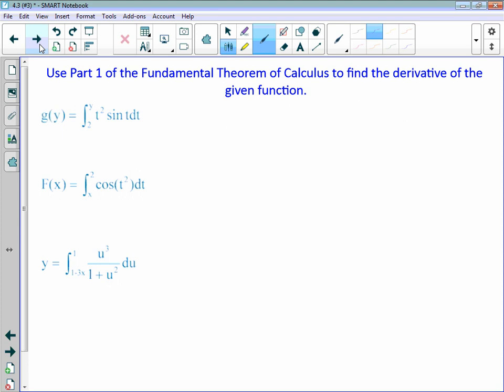Okay? So here, use part 1 of the fundamental theorem to find the derivative of the given functions. And here's where people just crazy overthink stuff, maybe because it doesn't say use the fundamental theorem of calculus there. If we're trying to find the derivative, first make sure that the variable is on top.